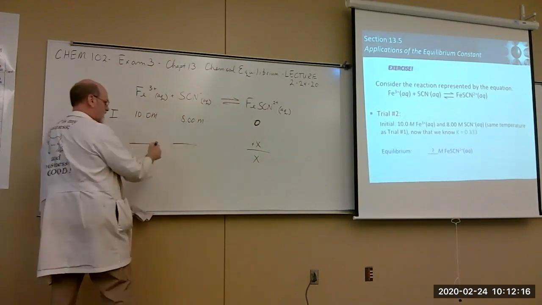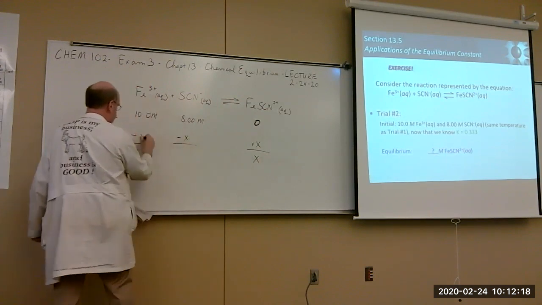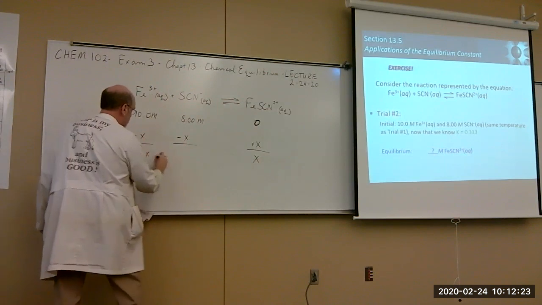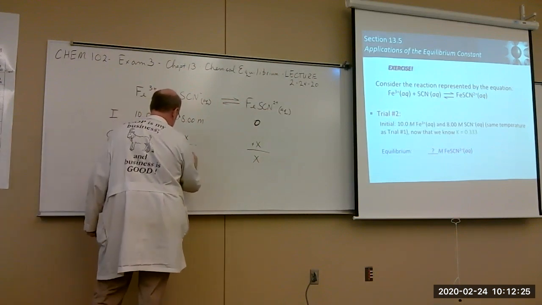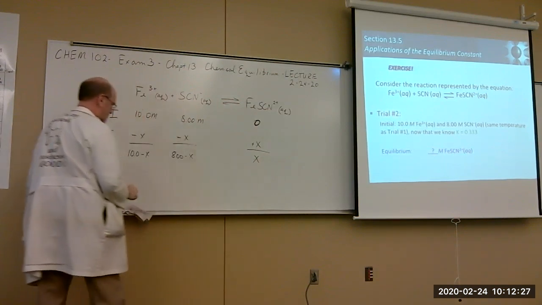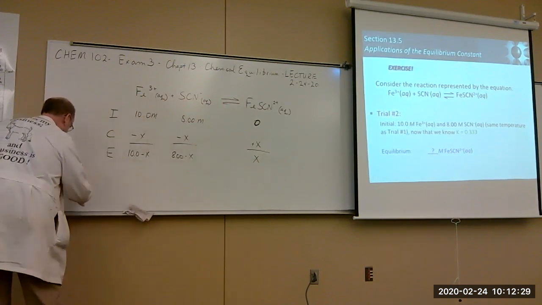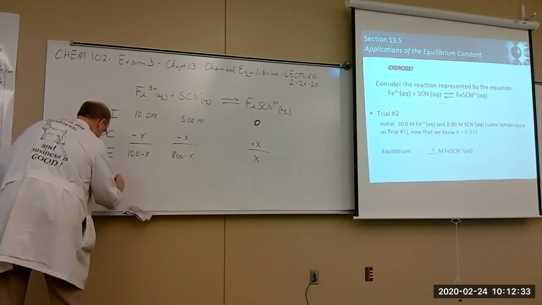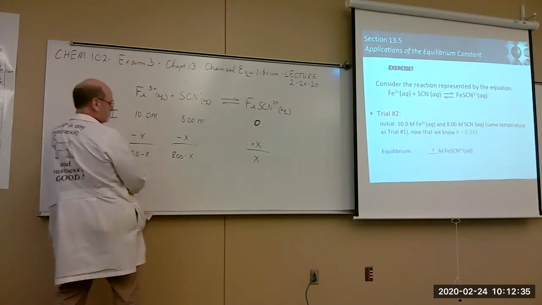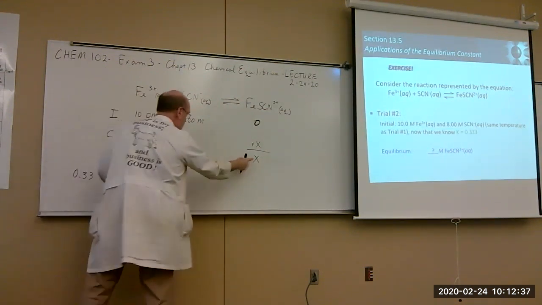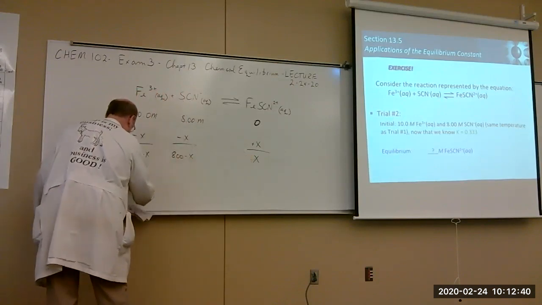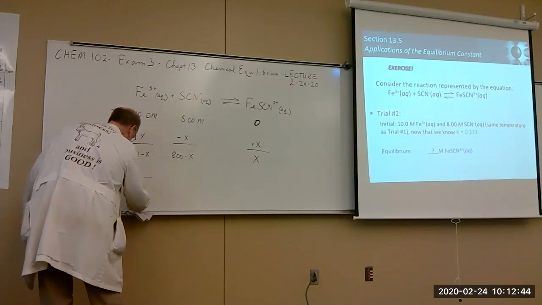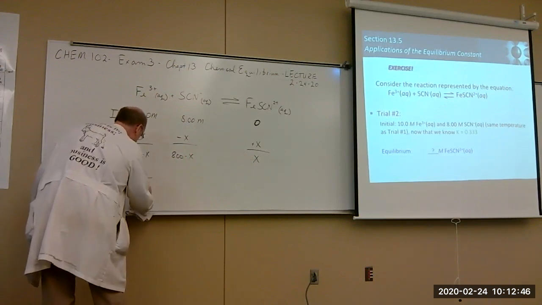So now we can work with the rest of it. Minus x, just like before. So this one is 10 minus x. This one's 8 minus x. And there's x. So now our K, 0.33, equals this concentration to the first power divided by this one times that one.